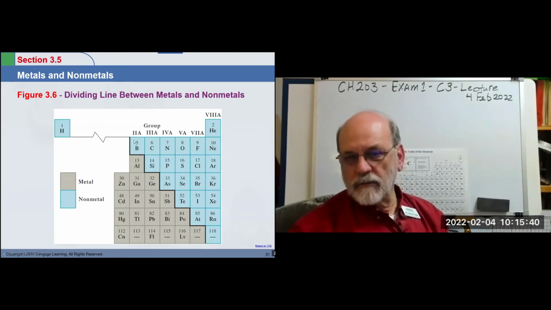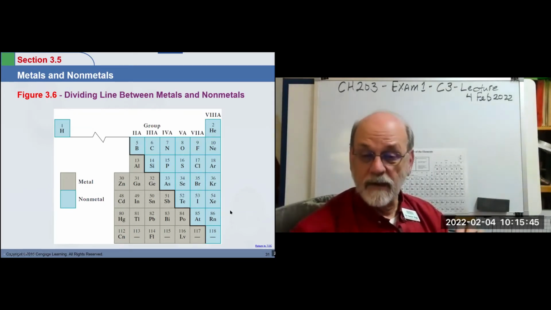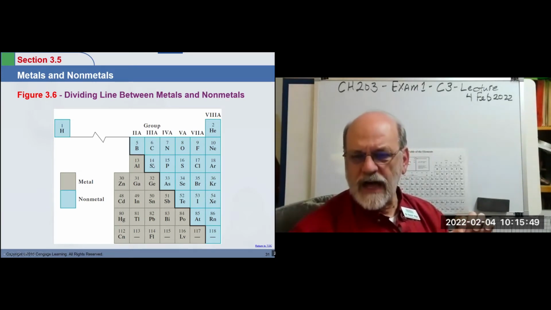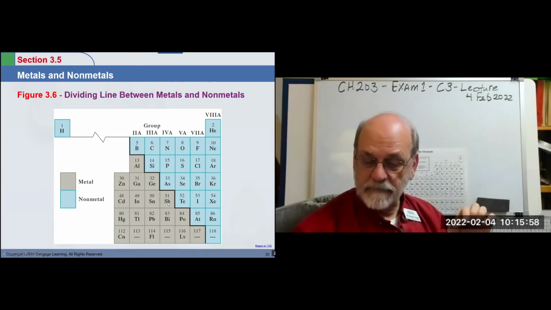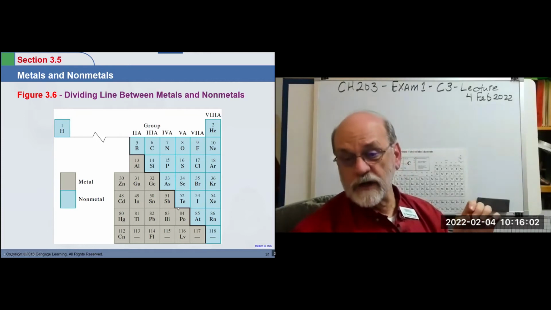Here we show a blown up version where the dark line between metals and nonmetals is located. I'll also draw your attention to those elements that are very close to the line. In particular, silicon, germanium, arsenic, antimony, Sb, tellurium, and some authors include polonium.